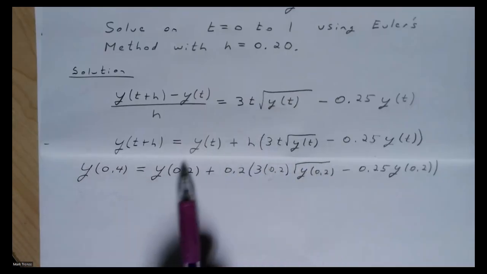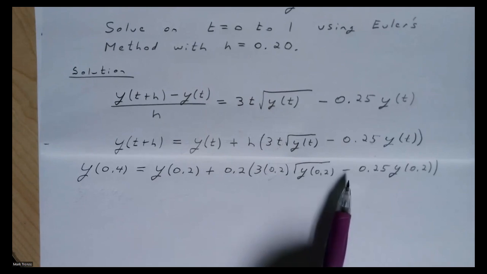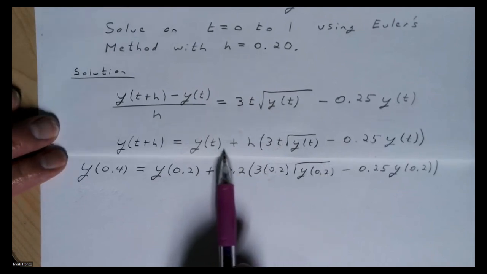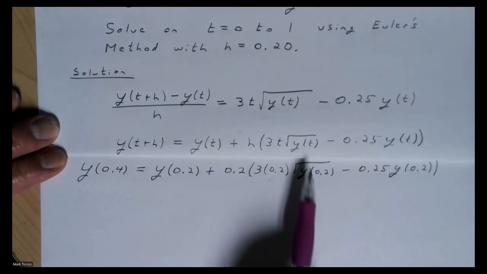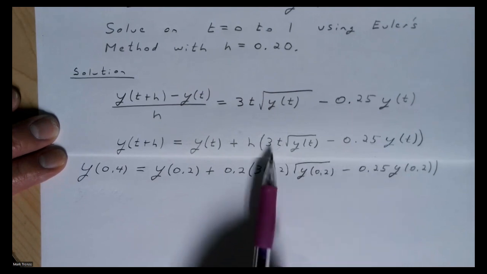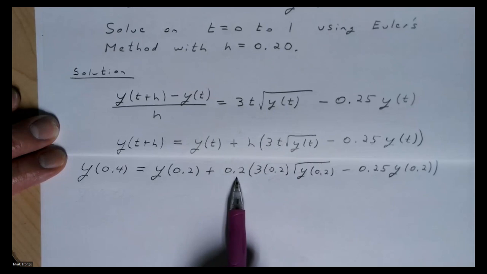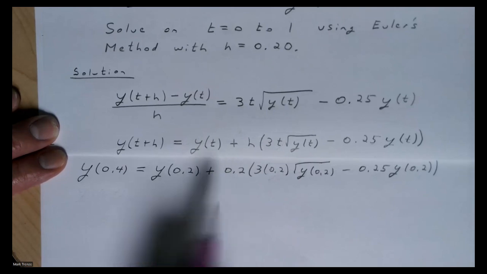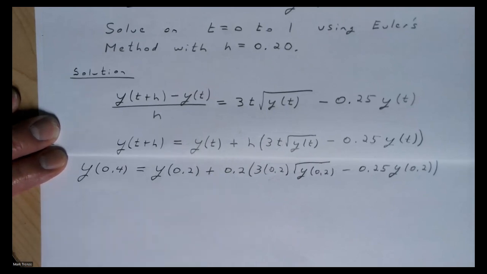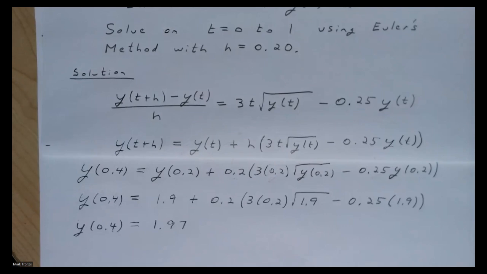Again, notice we put everything on the right-hand side from the previous step of y(0.2). And the t was 0.2. Of course, the increment is just a fixed 0.2. So now substitute everything. And when you put this into your calculator, you get 1.97.